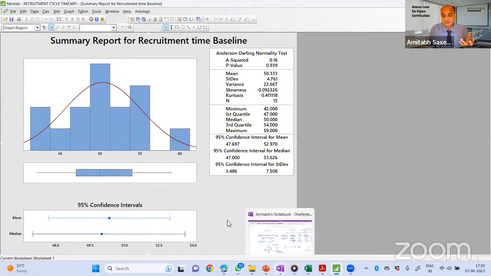Now, once I've got this, we will learn the concept of control charts also in a short while. Just give me some time.